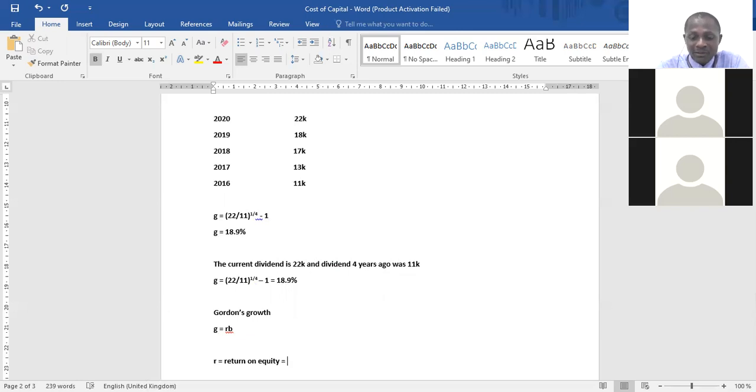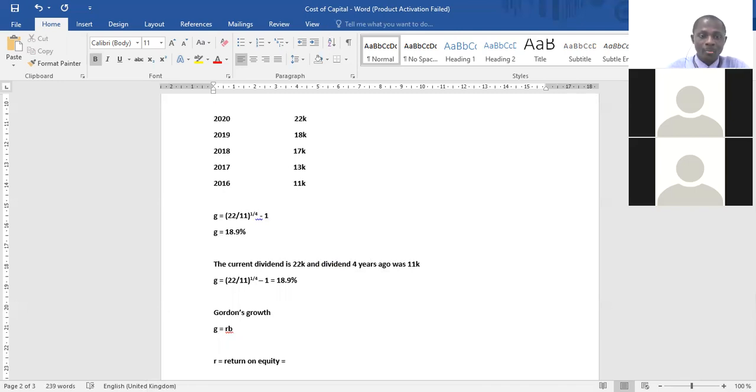And what is the return to equity holders? The return to equity holders is the profit after tax. However, if there is preference share dividend, we are going to remove it. I'm going to explain that later. So profit after tax is the return available to equity holders.